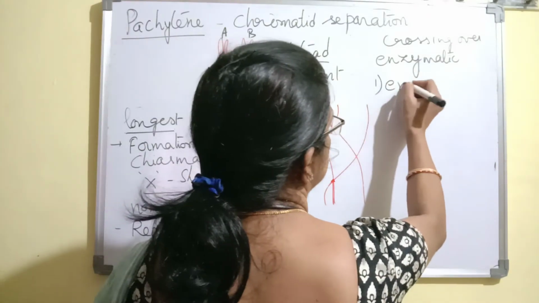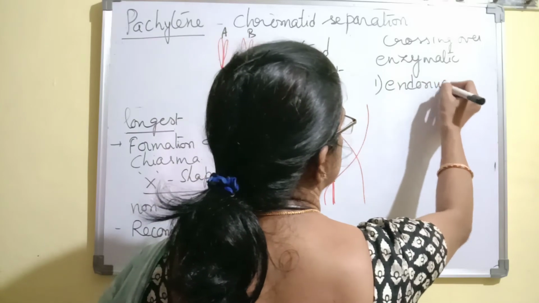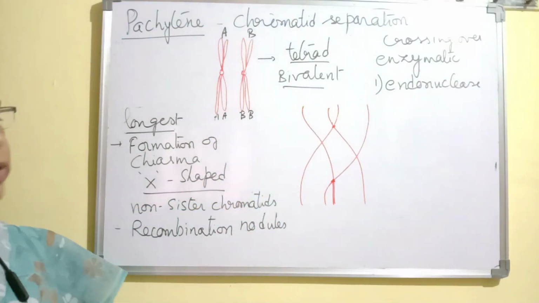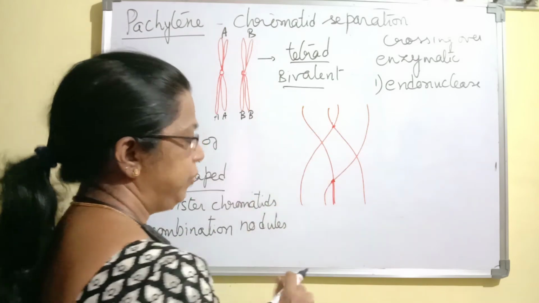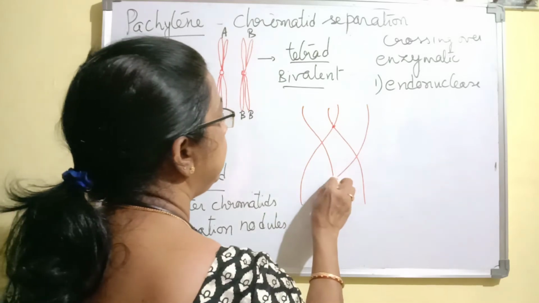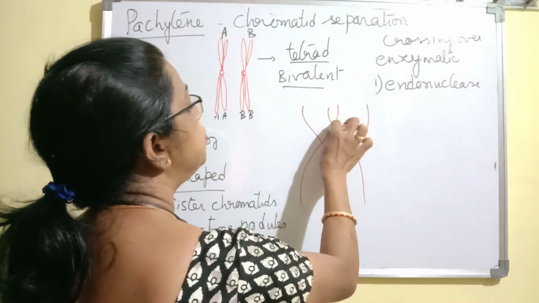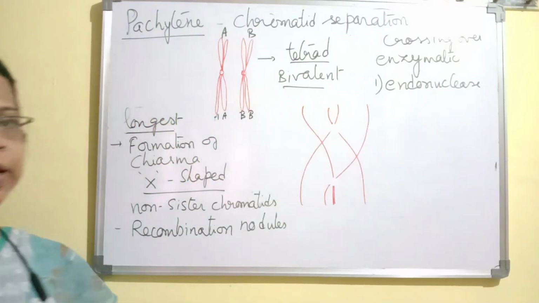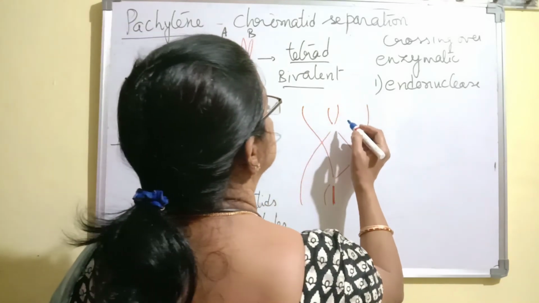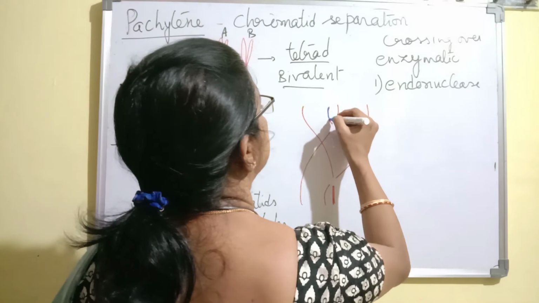The first enzyme is called endonuclease. Endonuclease means it helps in breaking. So wherever there is a chiasma, at this point there will be a break. I will show A and B with two colors, that will be better.